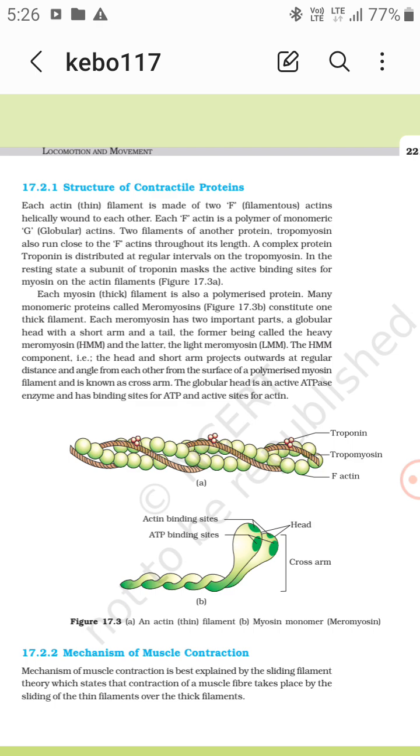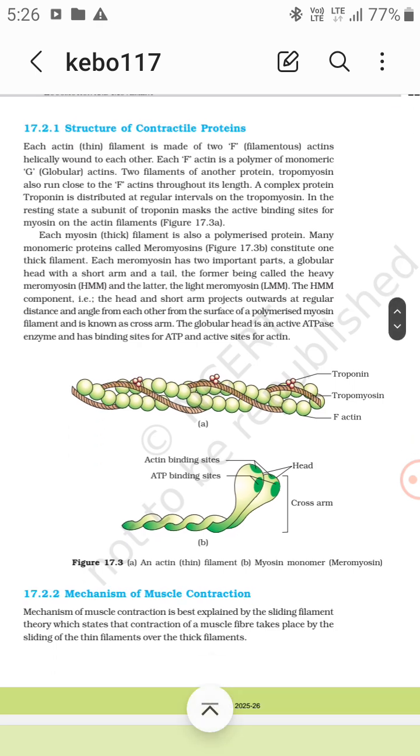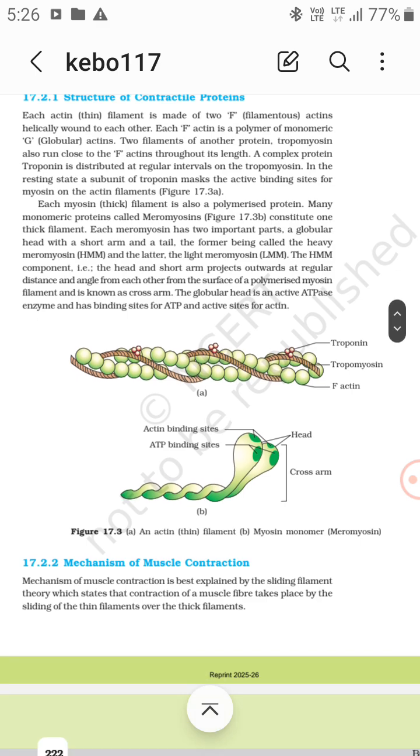Now meromyosin, the monomer unit of myosin. There is LMM, light meromyosin, and heavy meromyosin. The heavy meromyosin has a head and short arm, and light meromyosin is the tail part.